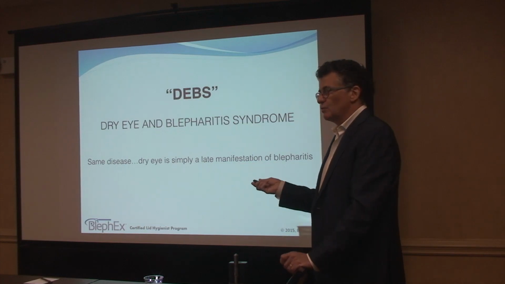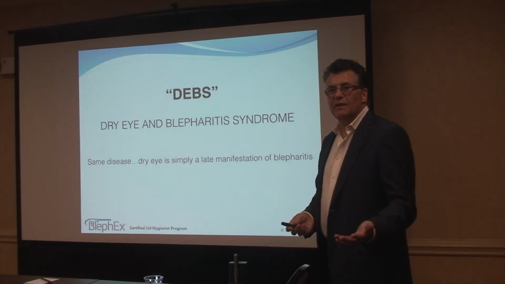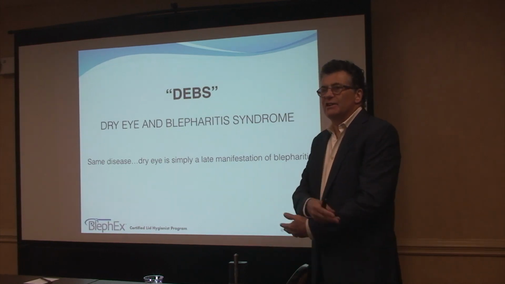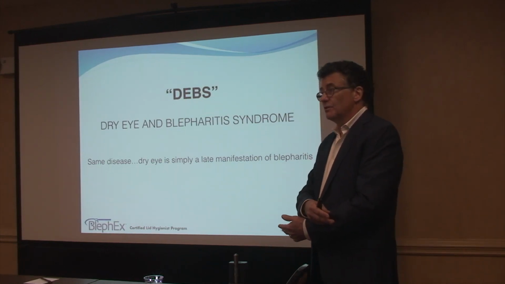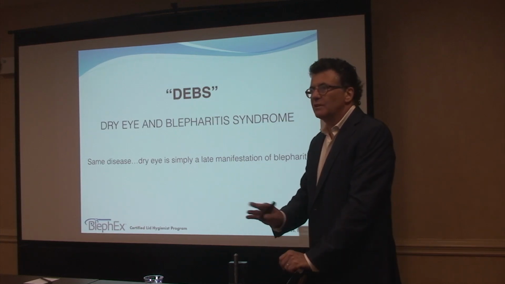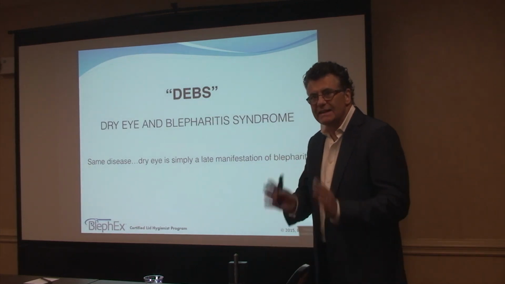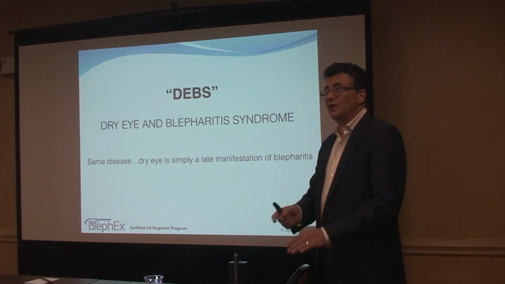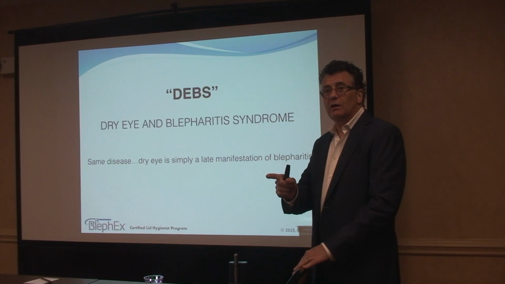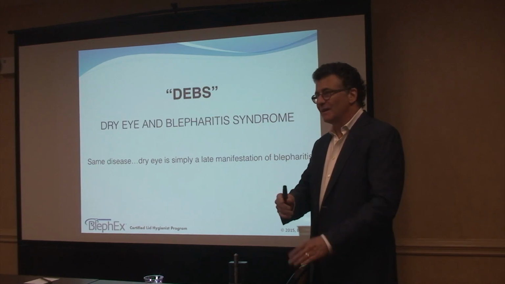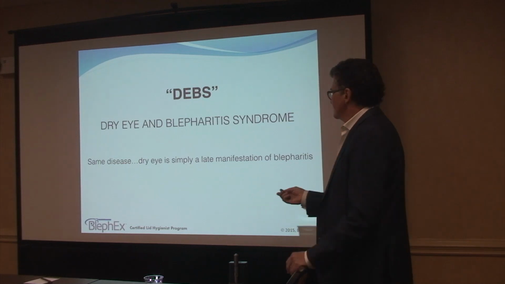This disease, whereas before it's been thought of as complex, confusing, overlapping presentations of different diseases, we'll never really understand it, hard to treat, you'll find out it's the exact opposite. This disease is simple. It's the easiest eye disease there is to understand, once you understand one word. And again, what's that word? Biofilm. It answers everything we see. Right.